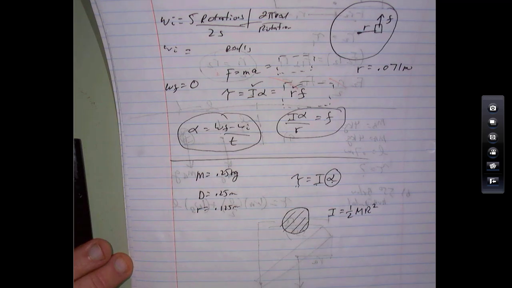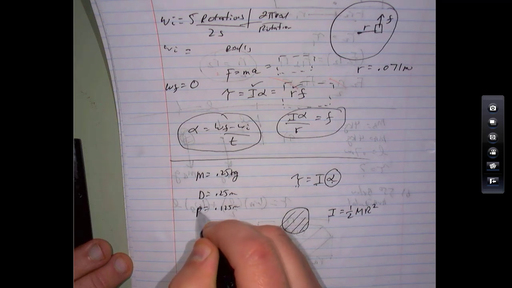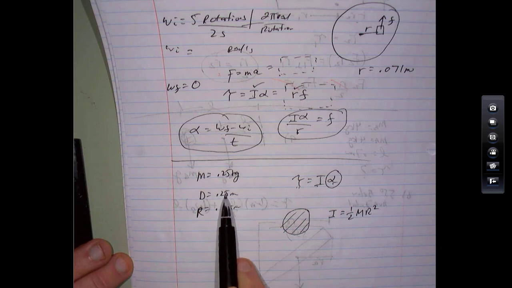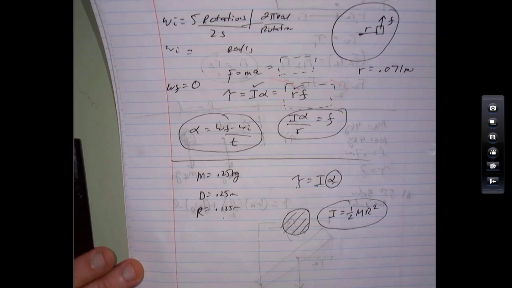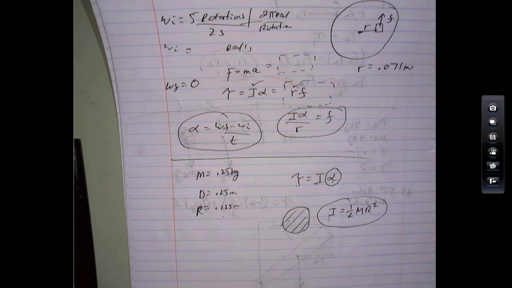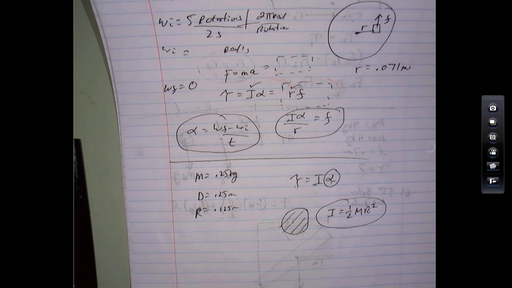So they actually give you the mass. They give you the diameter, but you can get the radius from that, half the diameter. And then once you know the mass and the radius, you can calculate the moment of inertia. The rotational world is just always one more step than the linear world. Back in the good old days, all you needed to know was the mass. Now you need to know the mass, but what kind of shape do you have?